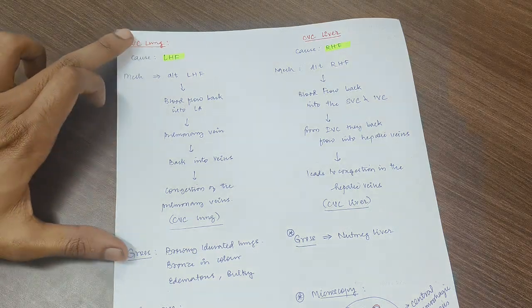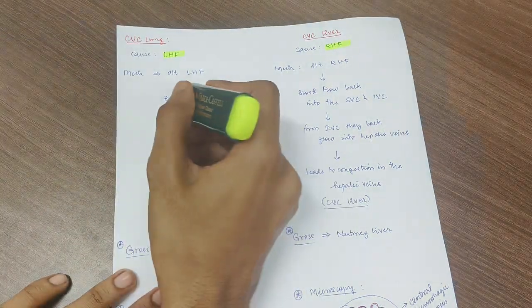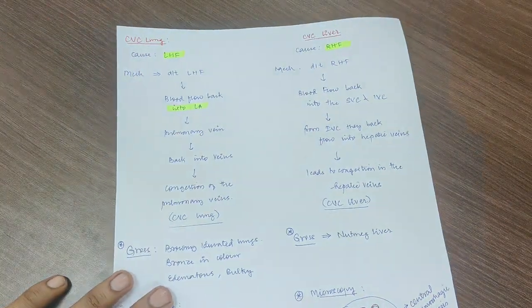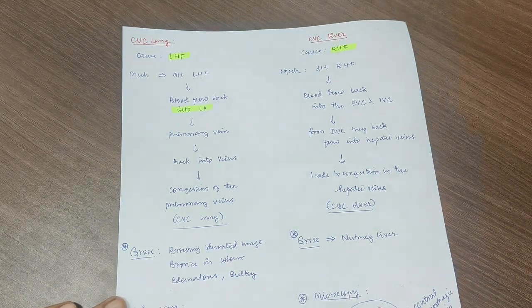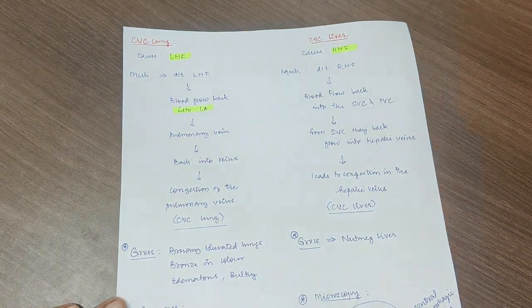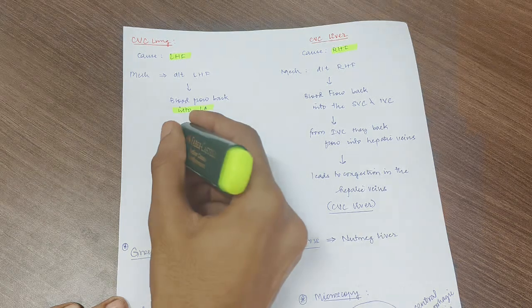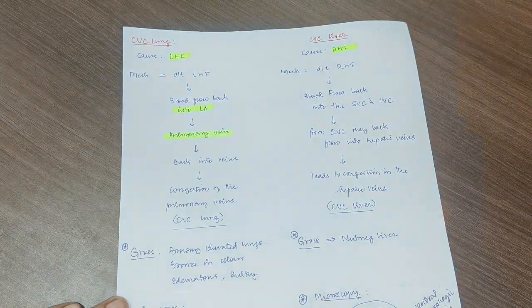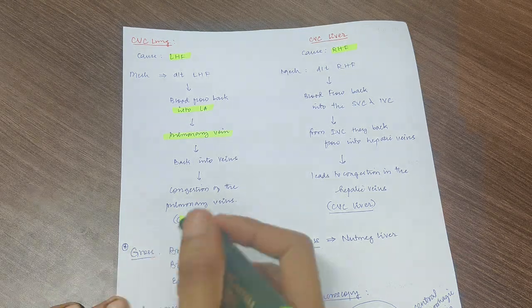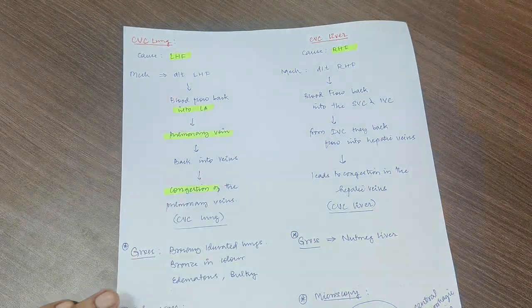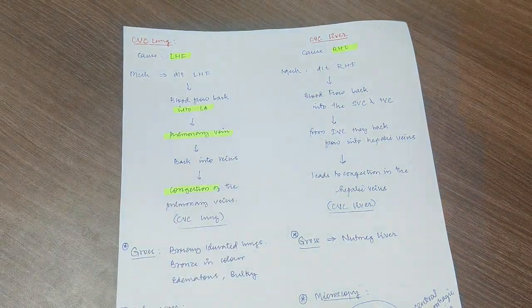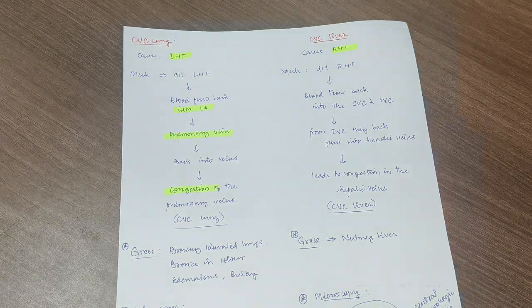Here in left heart failure, there is backflow of blood into the left atrium. The left atrium will have overload, it can't bear it like the left ventricle, and it will send the blood back into the pulmonary veins, which are coming from the lungs, so the blood goes back into the veins of the lungs and they get congested. The congestion of the pulmonary veins in the lungs is called CVC lung.